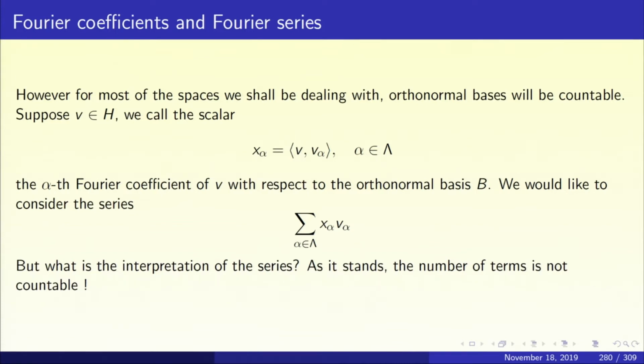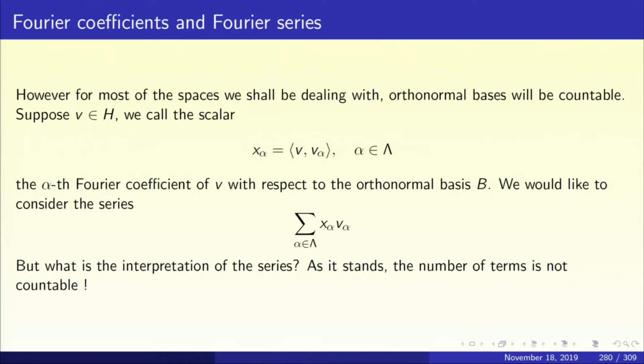Now before we embark upon this, think of the simple example, always begin with a simple example. Suppose you work with R3, R3 is a Hilbert space, right, with respect to the usual dot product, and you have an orthonormal basis E1 cap, E2 cap, E3 cap, and if you take a vector V, so what are the components of the vector with respect to E1 cap, E2 cap, E3 cap?